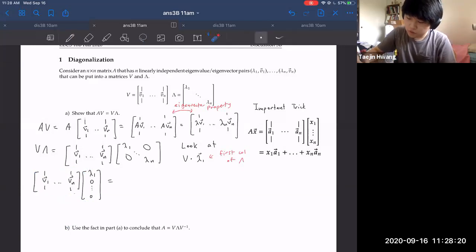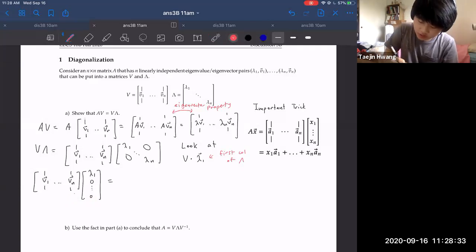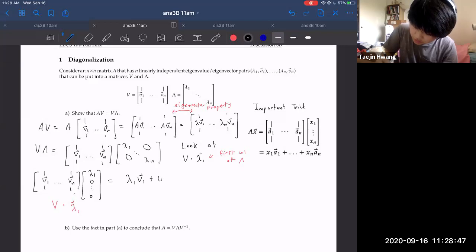Notice how if we were to write matrix A times x as the following over here, where Ax is a linear combination of the columns, we can do the exact same here, where we have a matrix V times lambda. We can write it as a linear combination of these V vectors. So this is going to be equal to lambda 1 V1 plus 0 times V2 all the way to 0 times Vn.